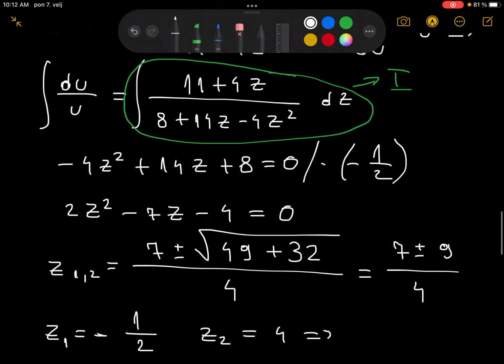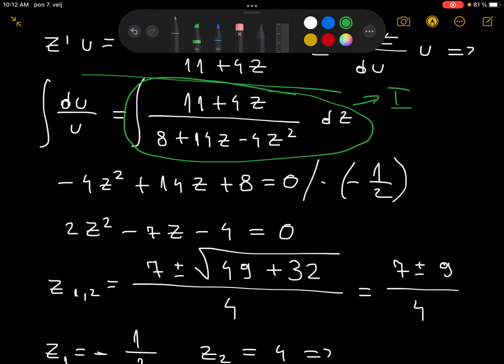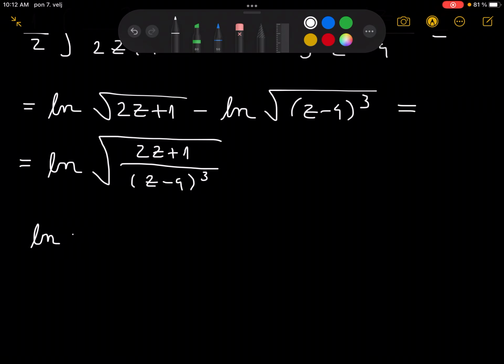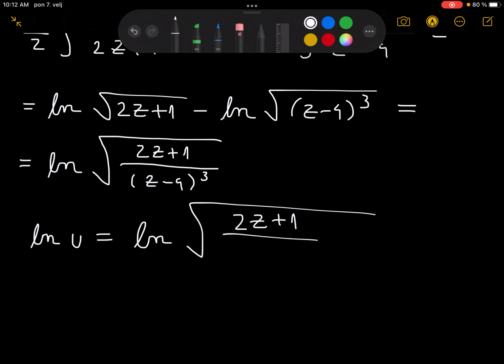Okay, and when we look at this part, we'll see that ln of u is equal to ln of the square root of 2z plus 1 over z minus 4 to the third power.